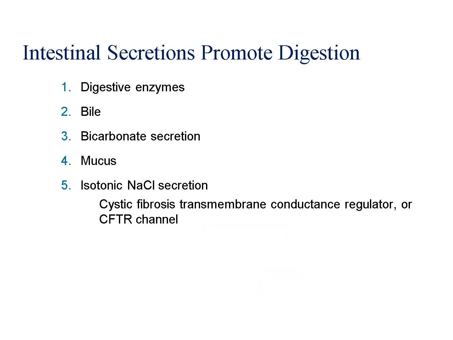The small intestine plays a crucial role in digestion by secreting substances that aid in the breakdown and absorption of nutrients. These intestinal secretions include digestive enzymes, bile, bicarbonate, mucus, and isotonic sodium chloride solution, all of which contribute to the efficiency of digestion. The first type of secretion is digestive enzymes, which are produced by the pancreas and enterocytes in the small intestine.